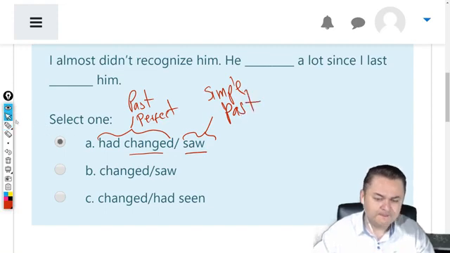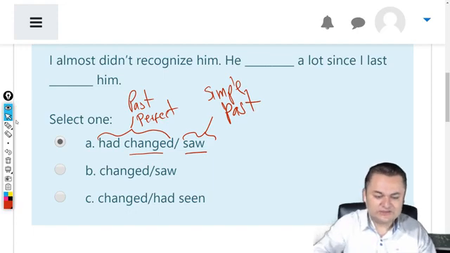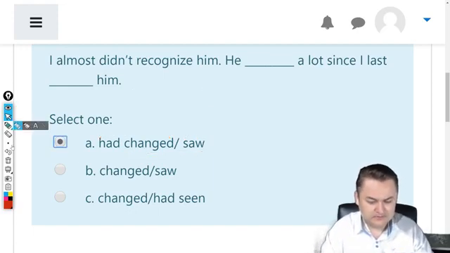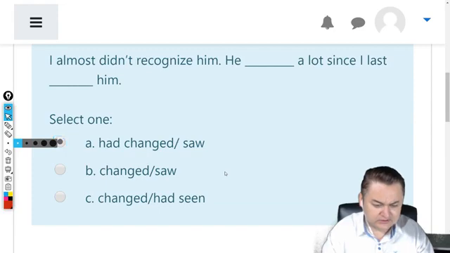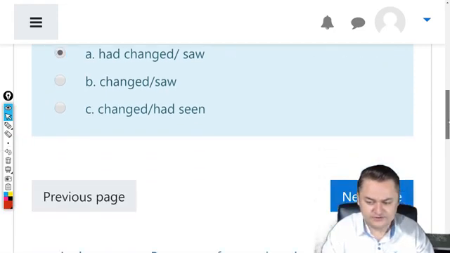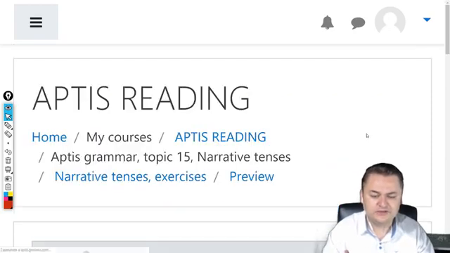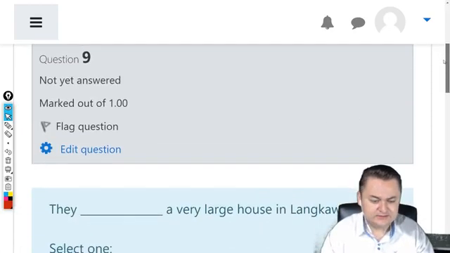So we say he had changed a lot since I last saw him. Even though here it looks like it could be, it is not the correct order. First simple past, past perfect, then simple past.